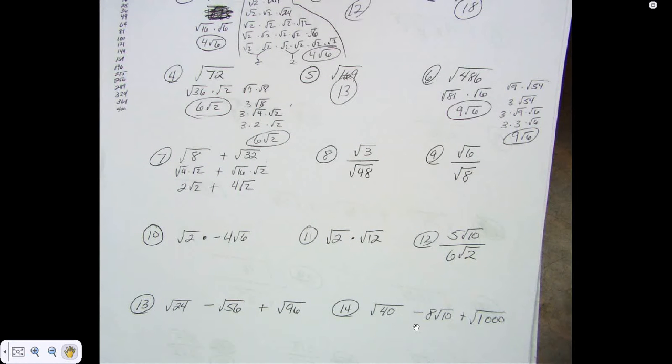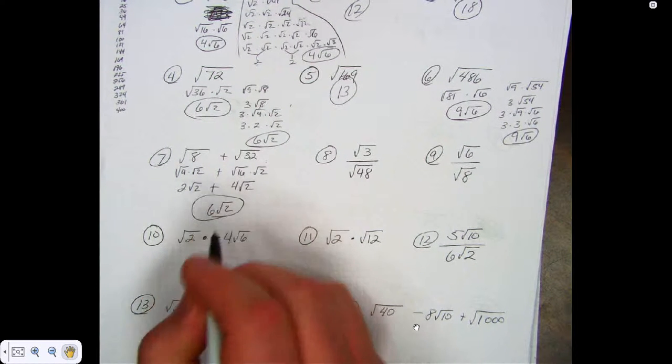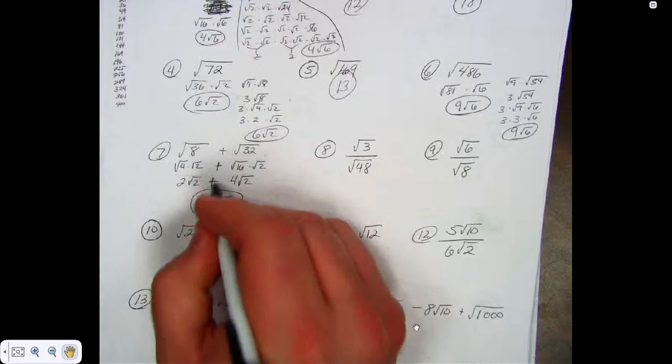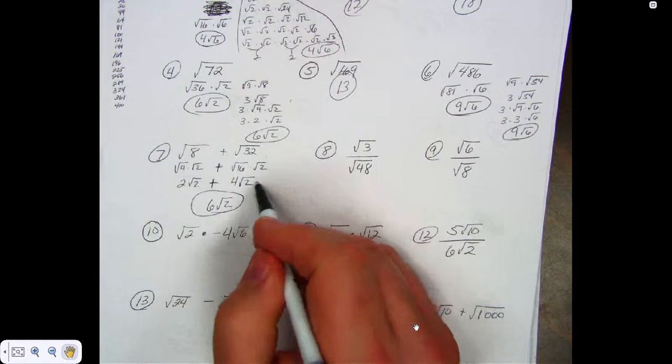Now, are they like terms? Your answer is 6 square roots of 2. I have to see all of this with the plus signs, not what you feel like writing down. I have to see all of this on your test paper for full credit. That's a point, that's a point, that's a point.